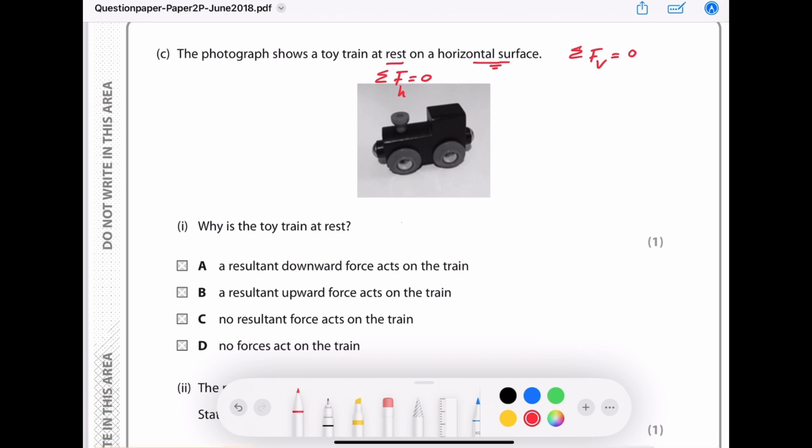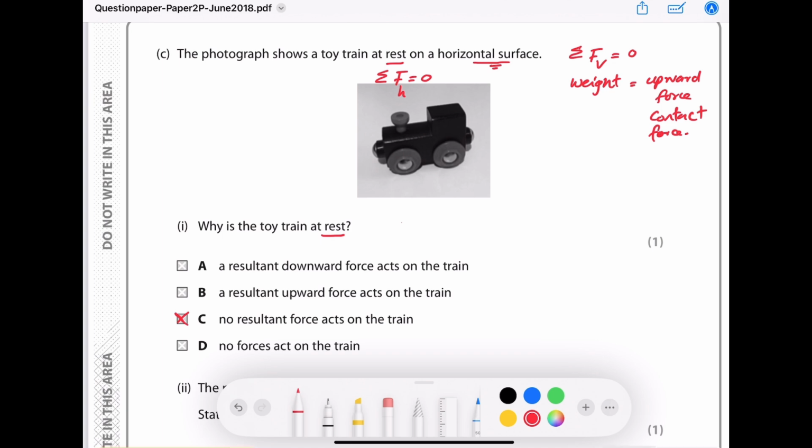On a horizontal surface, bear in mind that the weight of the train is equal to the upward force, which is a contact force from the table or the surface. So why is the toy train at rest? Because no resultant force at all acts on the train.